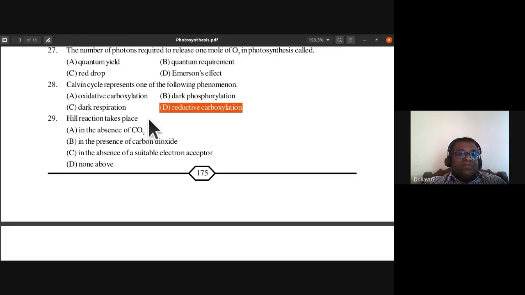Hill reaction takes place in the absence of carbon dioxide, in the presence of carbon dioxide, in the absence of a suitable electron acceptor, none of the above. Robert Hill, you should be knowing about.